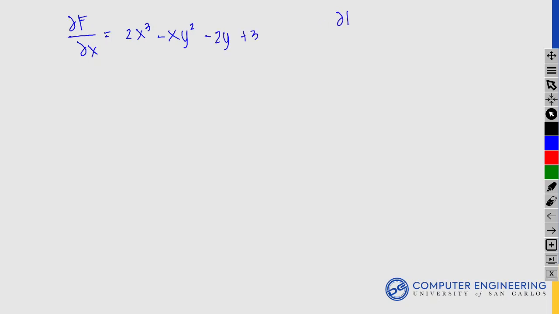Or we can go with the partial derivative of f with respect to y equal to minus x squared y minus 2x. So again, from the given, this is N and this is M. So you have options depending on your preference.